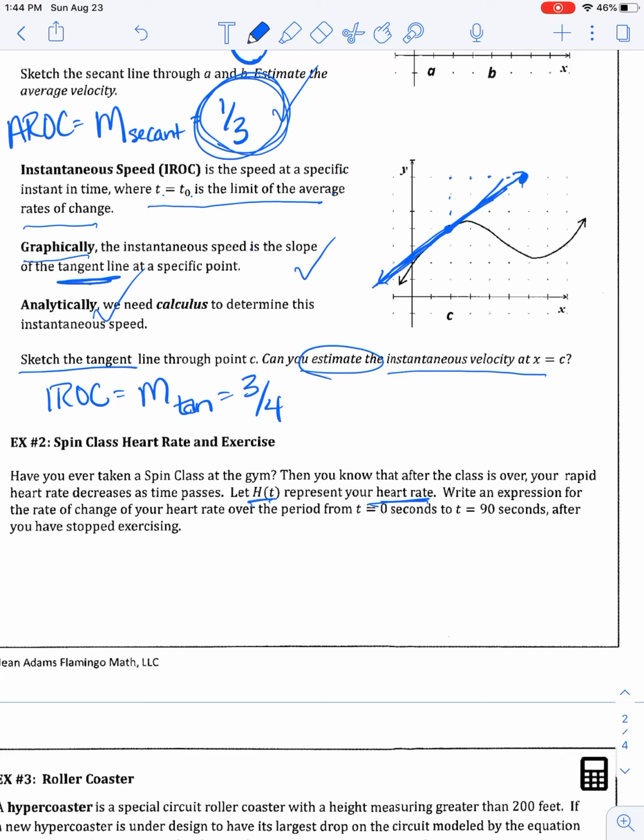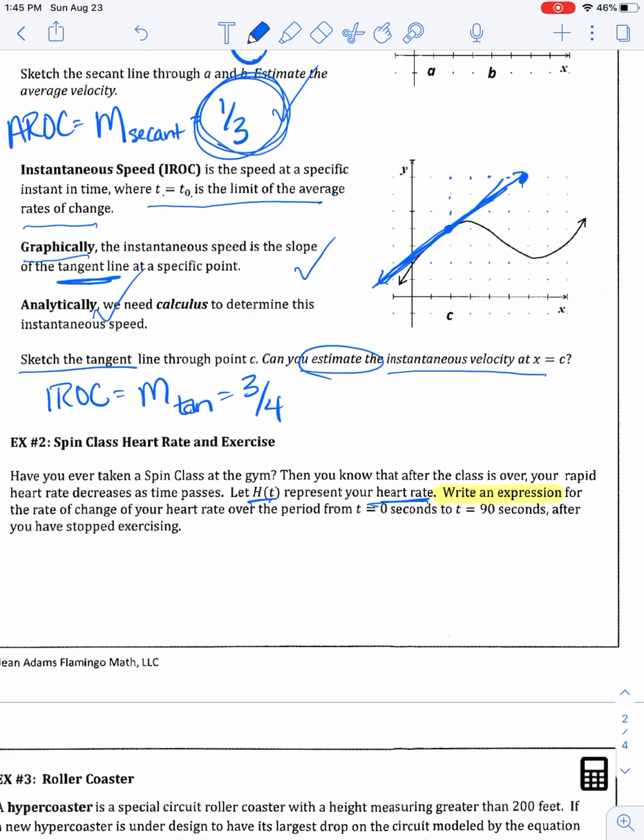Write an expression for the rate of change of your heart rate over the period from t equals 0 seconds to t equals 90 seconds after you have stopped exercising. Now, I want you to focus on this part right here. You can't skim over words like that because that is letting you know, write an expression. That part is letting you know that you're not going to be able to find an answer exactly. You're just writing an expression that would represent that solution.